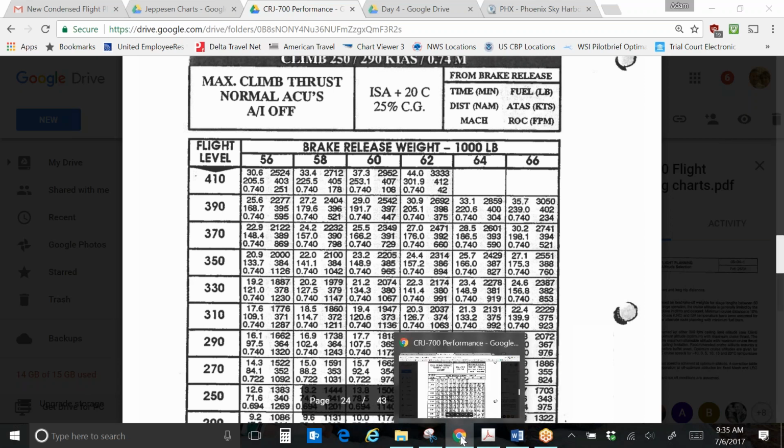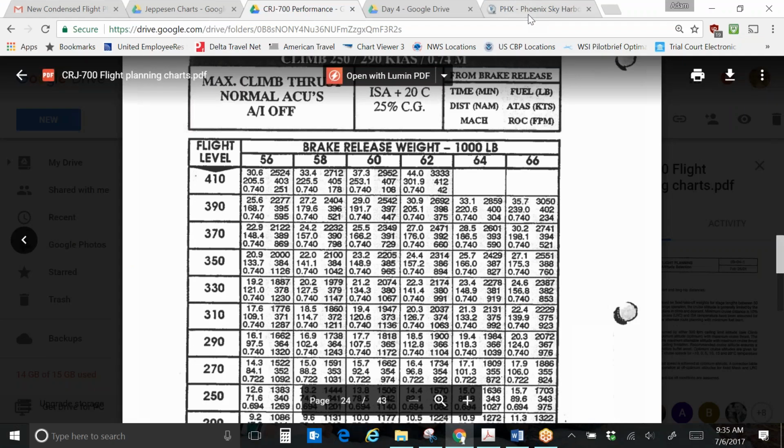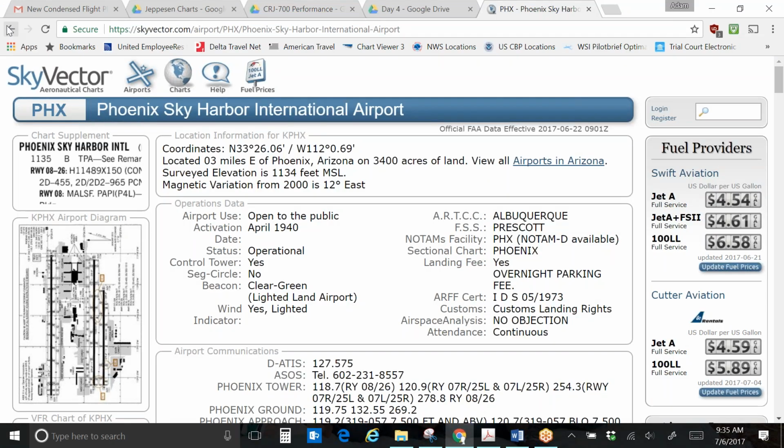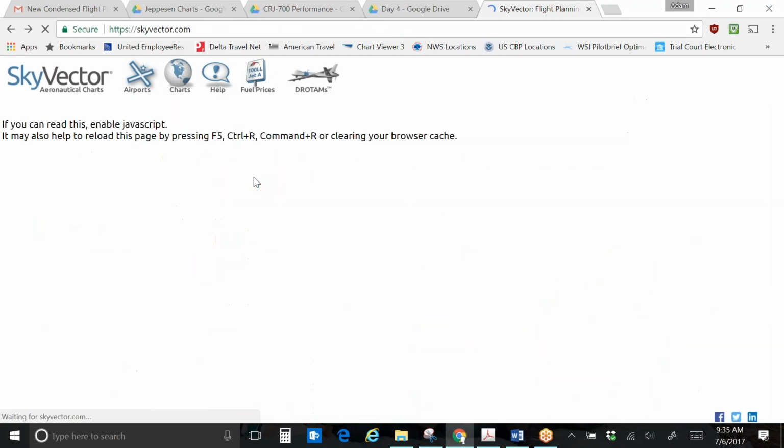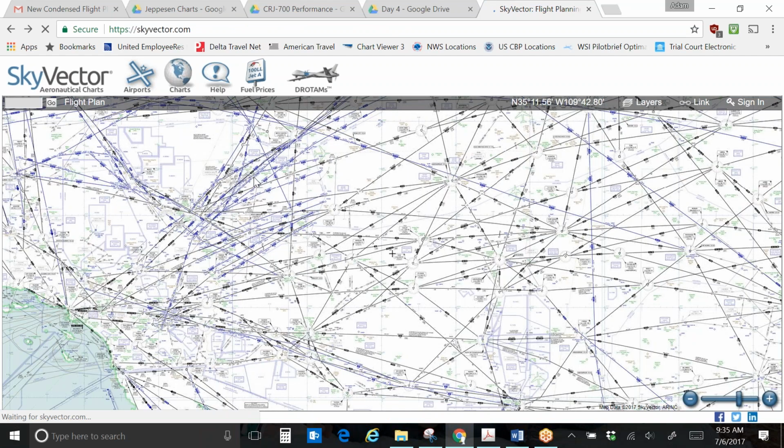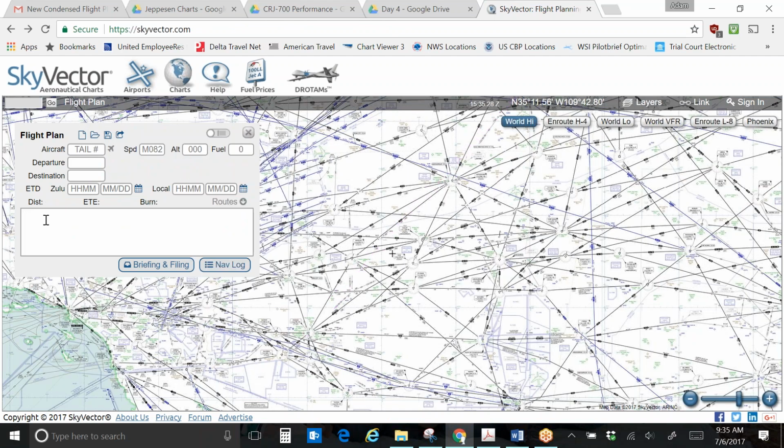I'm going to go back into SkyVector just for reference here and take a look at what my average heading was. I've got to type in the plan again. Okay, so there's the plan.